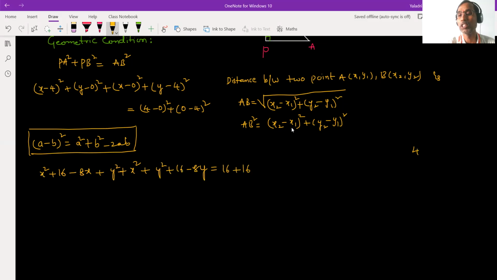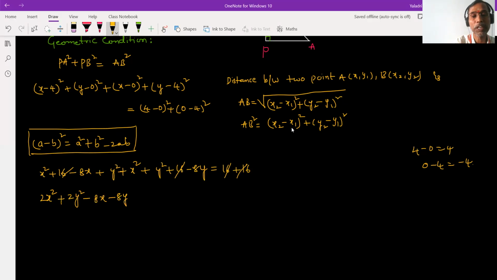So don't confuse. So 16, 16 cancel, and here 16, 16 cancel. Now the rest of the terms: x square plus x square is 2x square, y square plus y square is 2y square, and minus 8x and minus 8y is equal to 0. There is no constant term.